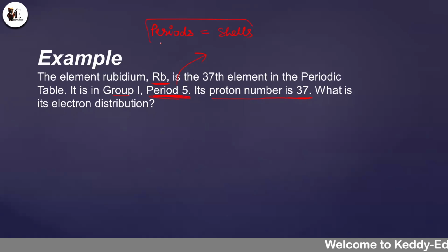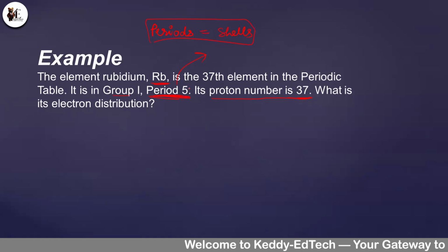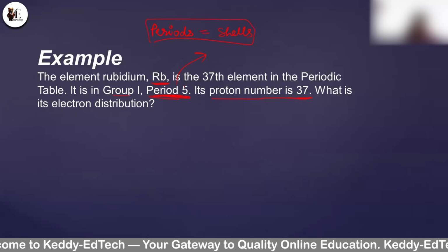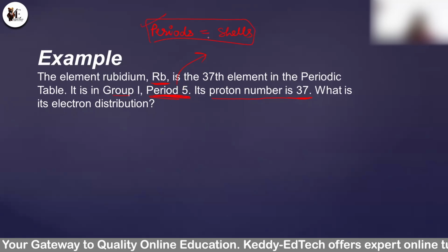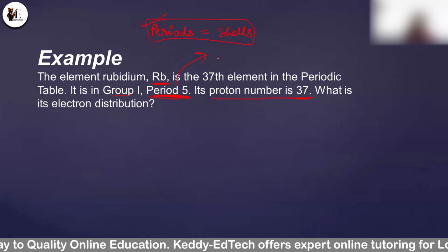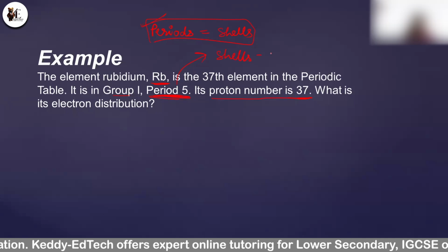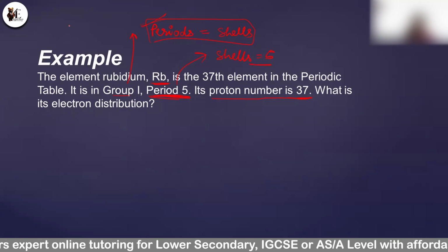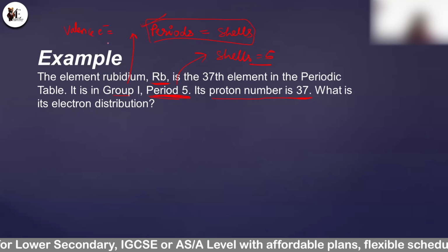So if it is in period 5, how many shells are there? It is written here: period is equal to shells. If period is 5, then shells is equal to 5. Yes, it is very simple. Shells is equal to 5. And it is in group 1. That means the valence electron, the outermost electron, should be?